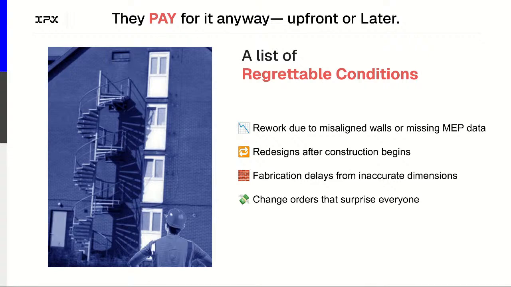And then, just to belabor the point here, these regrettable conditions do exist, and they're probably something you've experienced, right? It's either rework due to misaligned walls or missing MEP data, or redesigns that happen after construction begins. I'm sure you have some examples you can fill in on LinkedIn or YouTube, wherever you're at. And ultimately it could lead to change orders that surprise everyone.